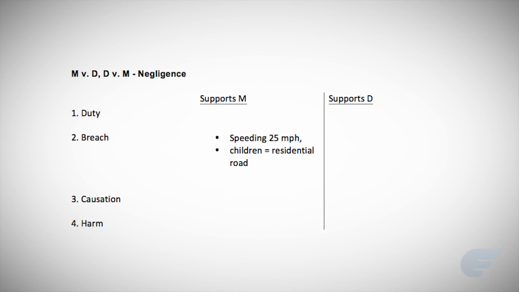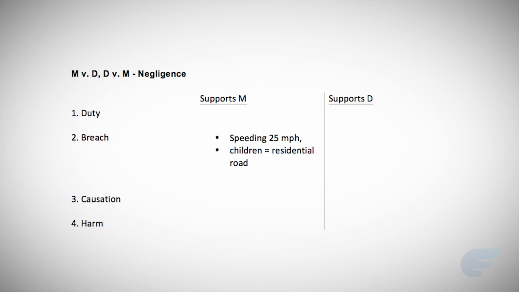Drake is driving home to meet up with his wife. All of these are facts that might lead you to conclude that he is driving in a residential area. And the fact that he's speeding in a residential area makes it more likely that he is in fact negligent in the way he's driving.